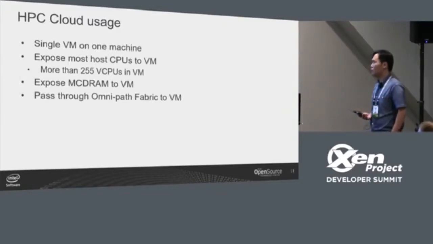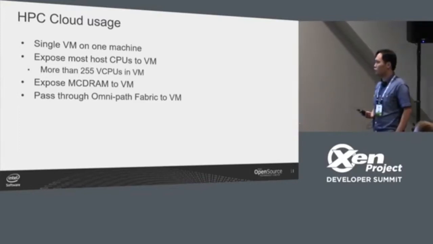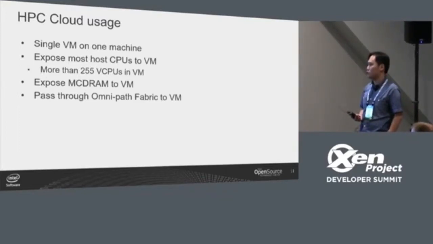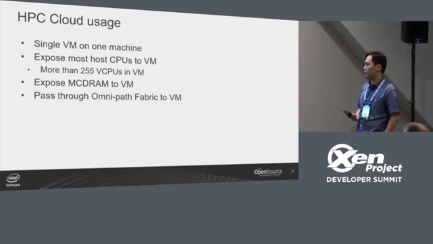We need to expose the MCDRAM to the VM to let the HPC workload access such high bandwidth memory to get better performance. The VM also needs to connect with other computing nodes via a low latency and high throughput connection. So we need to pass through the Omni-Path fabric to the VM.